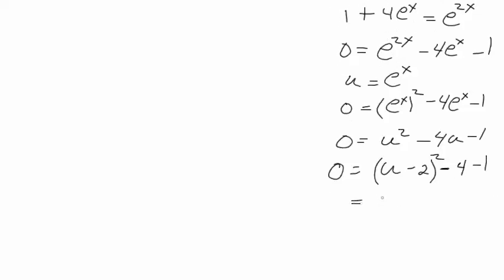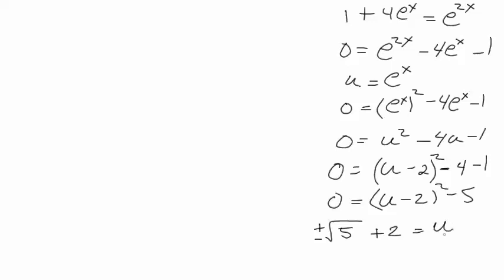So you can't forget your algebra now. We're just rewriting, cleaning it up. Now what I'm going to do is take this 5 over. We shall square root it. Remember, it's a plus or minus, and then take the 2 over. And there is our u.